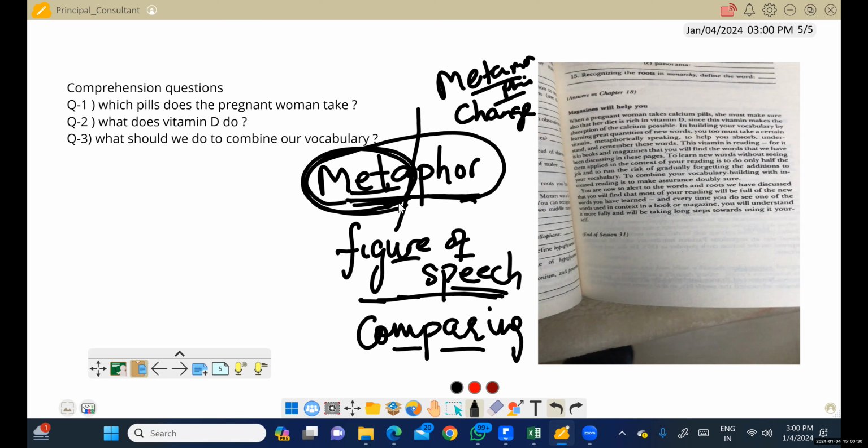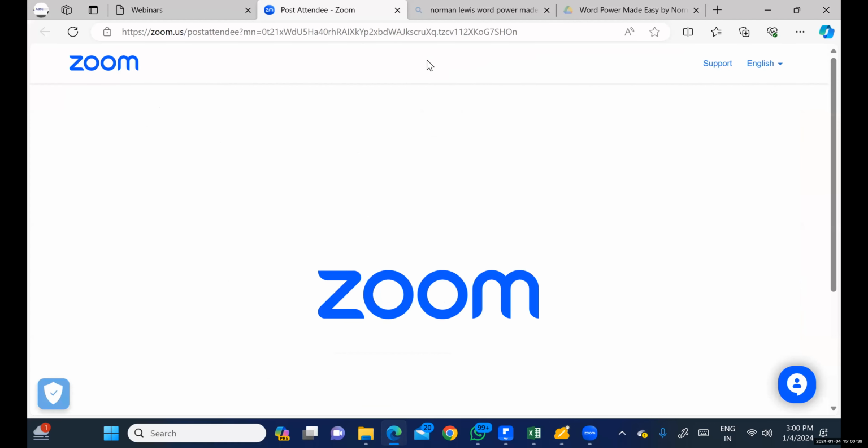So let's see etymologically what is the meaning of metaphor. This is how we learn. You have to explore. This is how you increase your vocabulary and your word power.